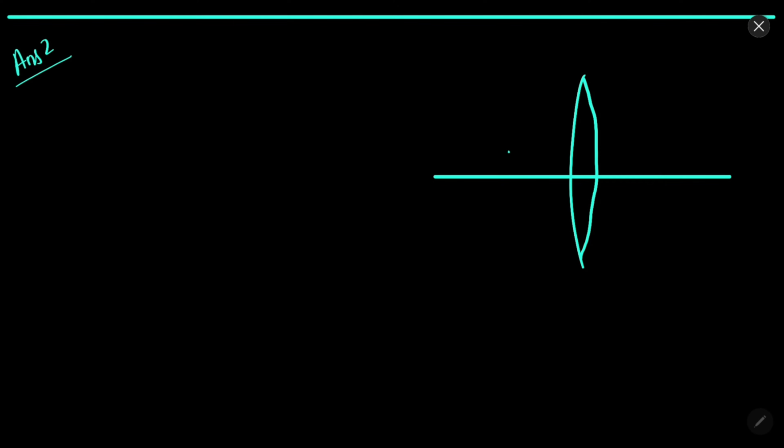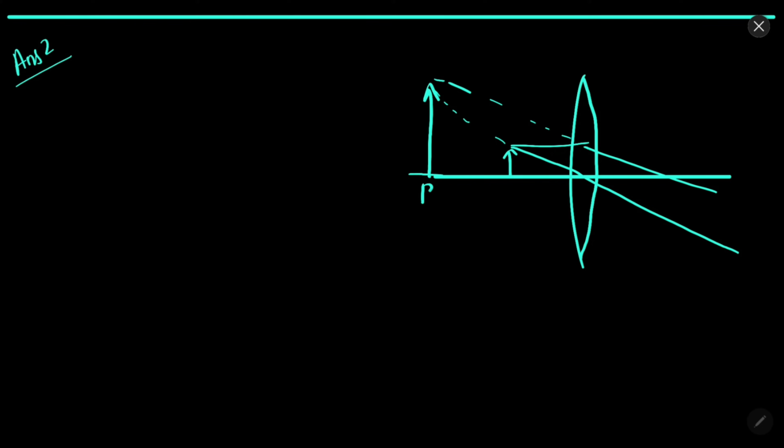Let's say this is the object, the rays pass like this, and they appear to meet approximately here. So let's say this is A dash B dash, and this is AB.